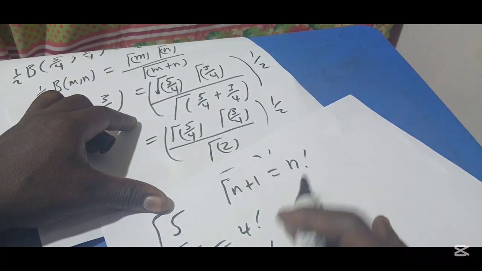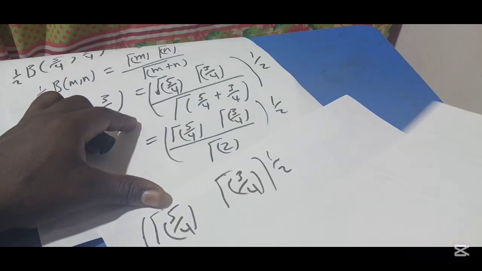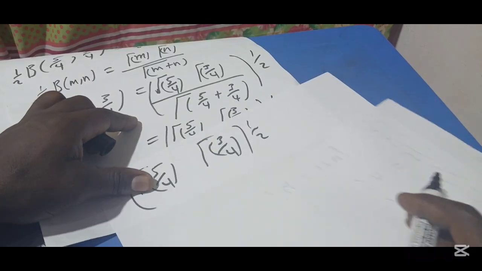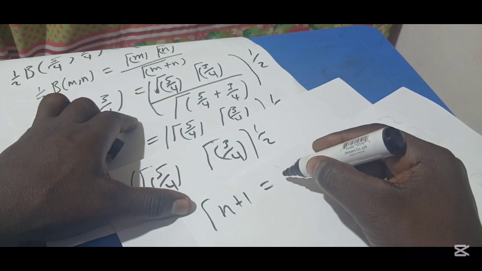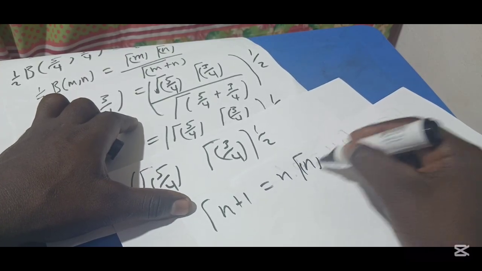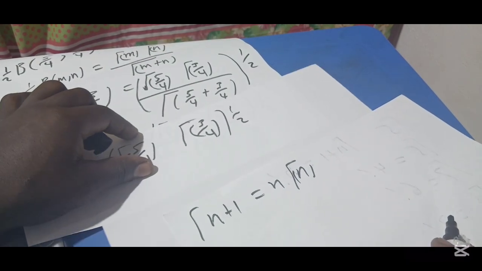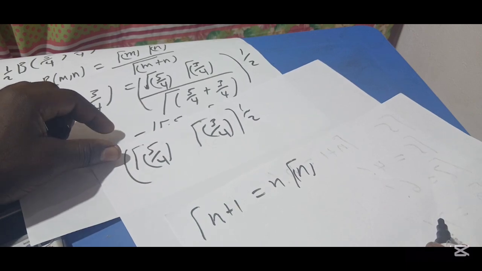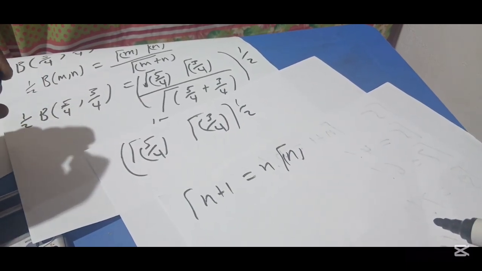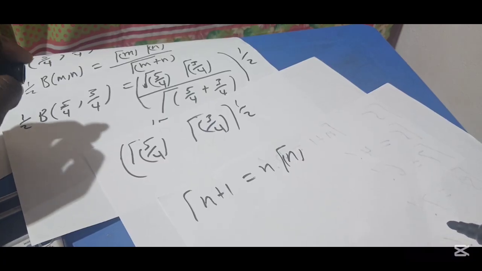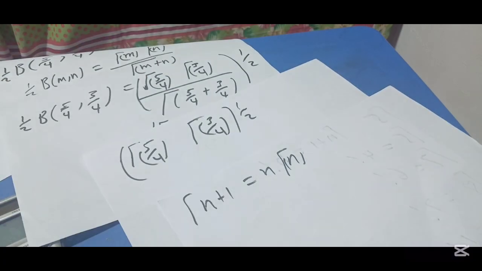And one thing we would like to use is this formula, right? So gamma n plus 1 equal n gamma n. But sometimes when you're trying to evaluate problems using this formula, you're getting a strange thing. And that strange thing will give you an indication to try Euler's reflection formula.